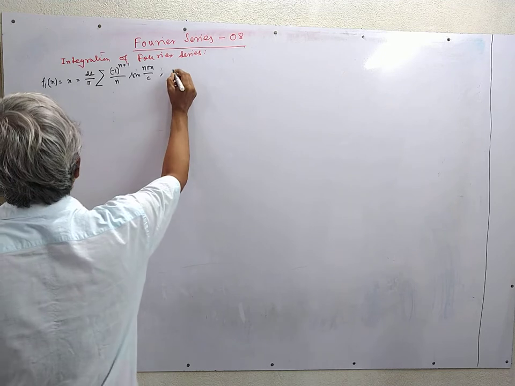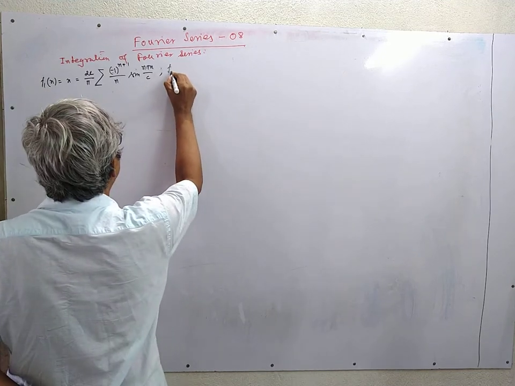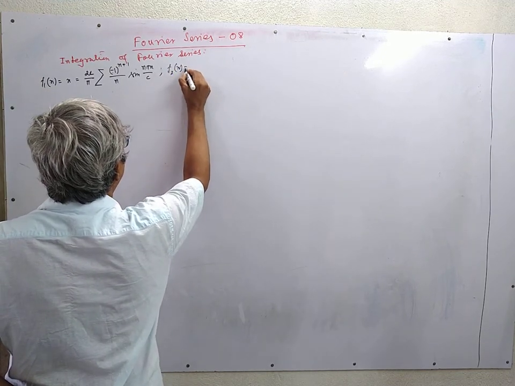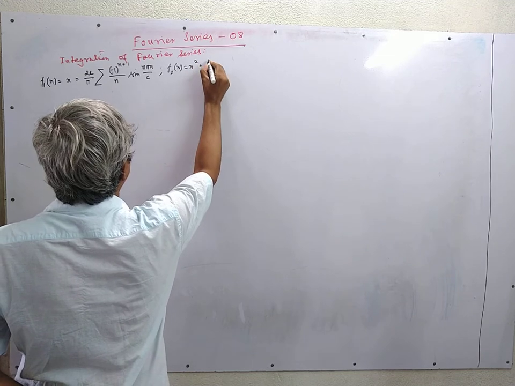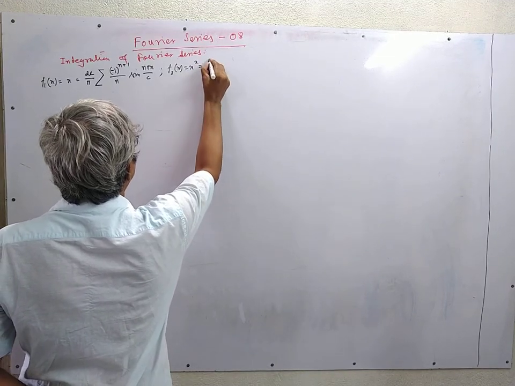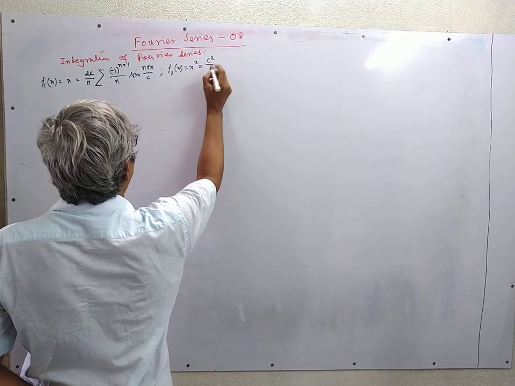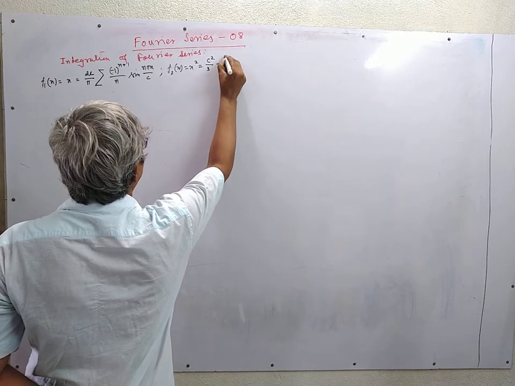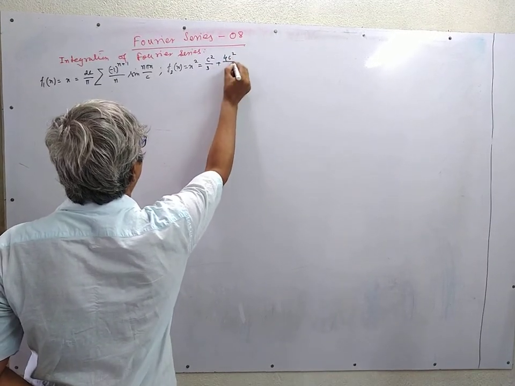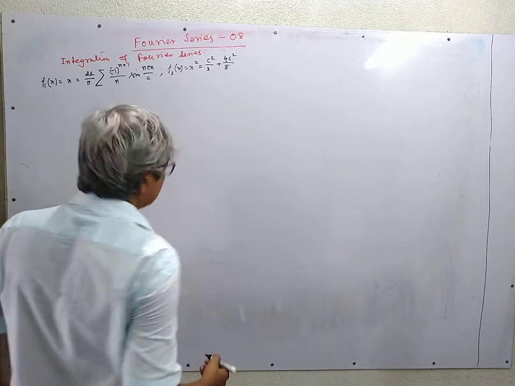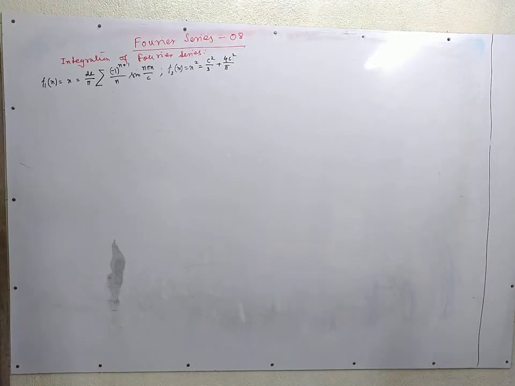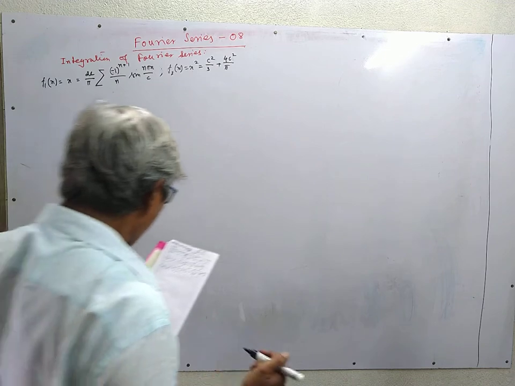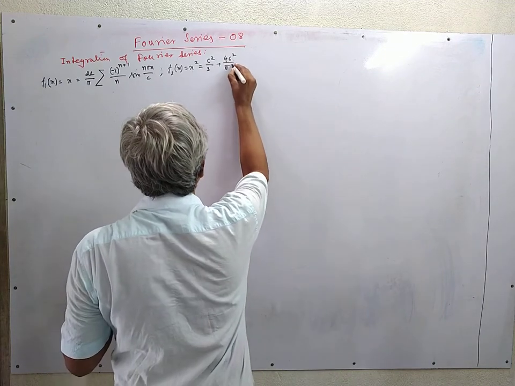Then the second function f2 of x is equal to x square, which is c square by 3 plus 4c square by pi square times the series.